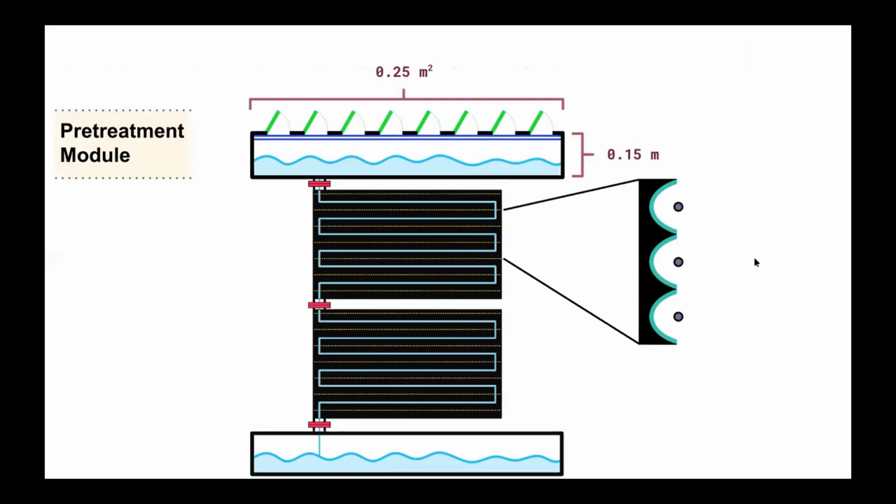So this is a drawing of our 2D model. The top is the first part I'll go over, and there will be a lot of measurements I won't really go over, but you can read them. The pre-treatment module, the purpose of this module is to raise the ambient temperature of the water so the rest of it doesn't have to heat it up as much.